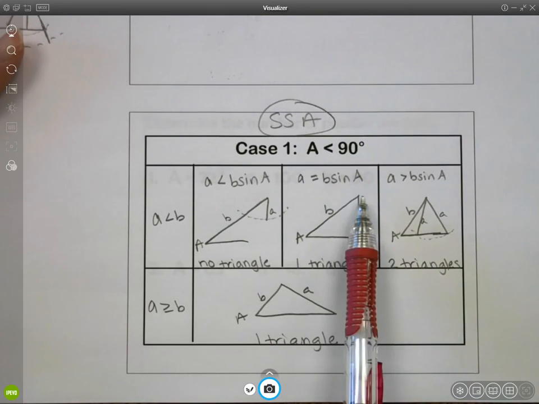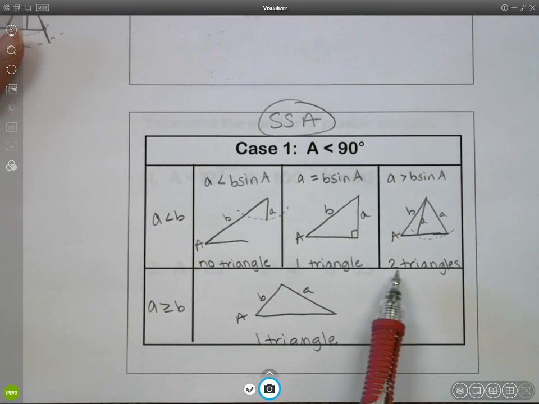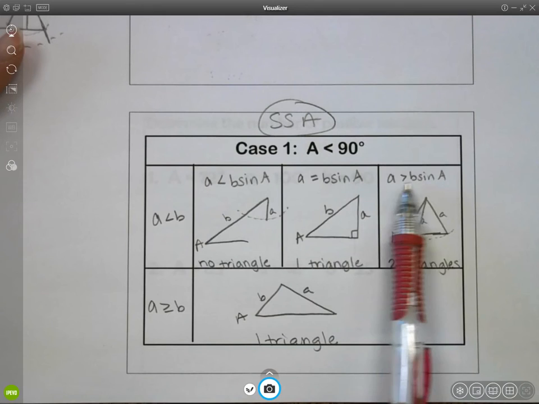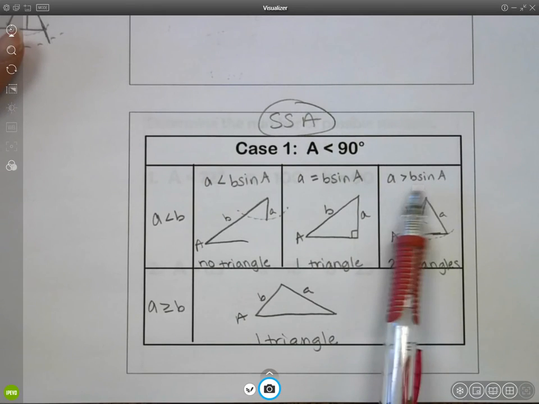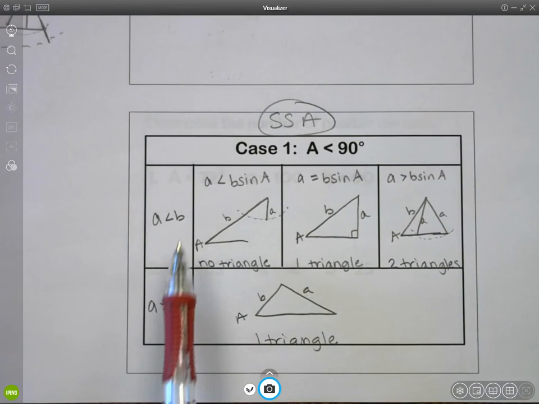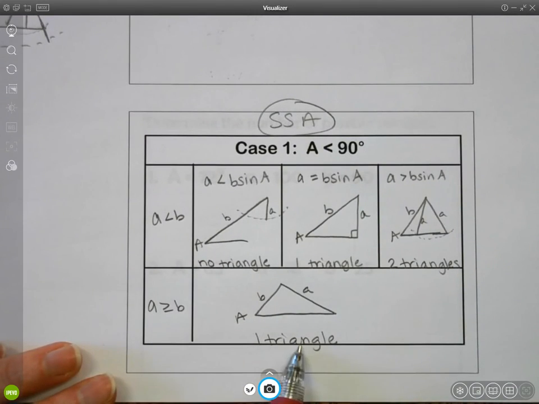One triangle is if A is exactly the same as the height. Two triangles is if A is more than the height. If A is not less than B, then it has to be greater than or equal to B, and that's only going to cause one triangle because it can only make a triangle kicked out here.